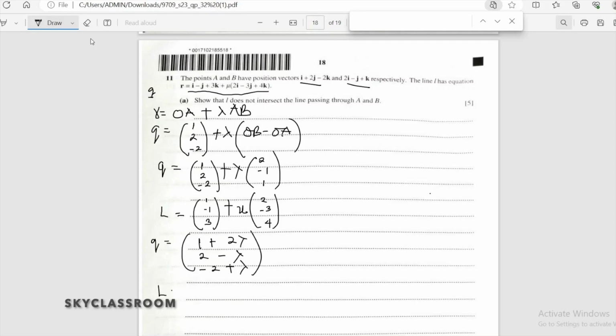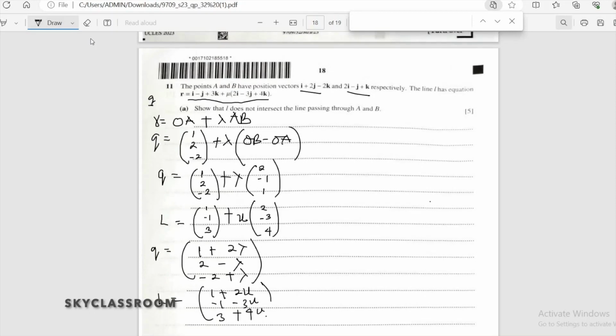L can be written as 1 plus 2 mu, minus 1 minus 3 mu, and 3 plus 4 mu. We want to show that they do not intersect. To do that, you have to equate them first.